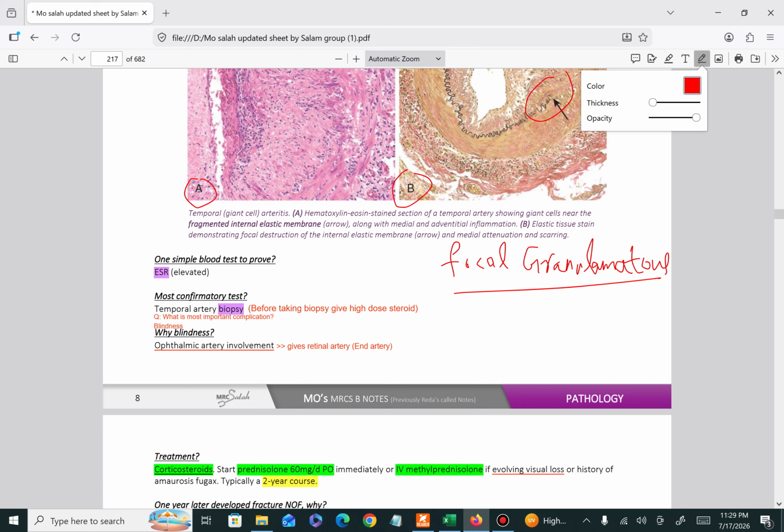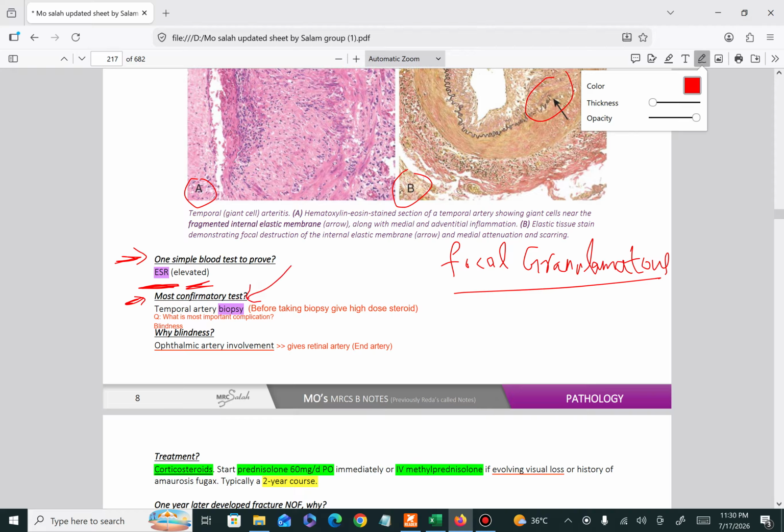Then there is one blood test that will show the giant cell arteritis inflammatory process, and that is ESR, erythrocyte sedimentation rate. Okay, and it will be elevated in giant cell arteritis. Then the most confirmatory test, the investigation of choice, is temporal artery biopsy.